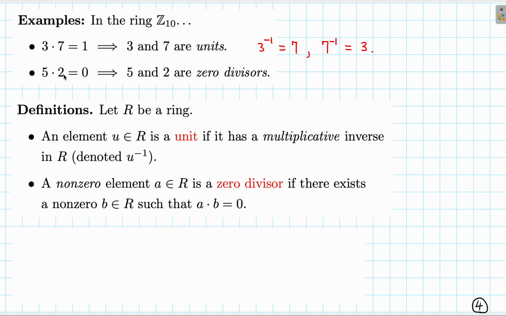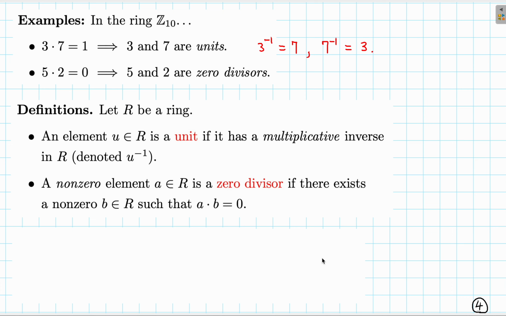So for example, 5 is a zero divisor because 5 is a non-zero element in Z10, and there exists another non-zero element in Z10, namely 2, such that 5 times 2 is 0. So if a pair of non-zero elements multiply together to be 0, then those non-zero elements are called zero divisors. So in this particular example, 2 would also be a zero divisor in Z10.